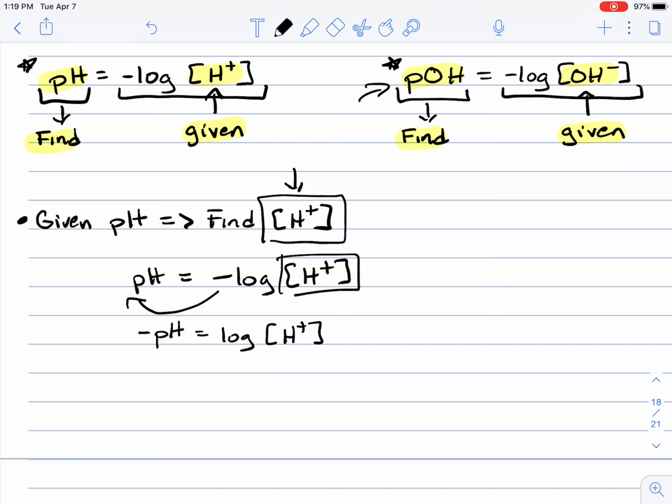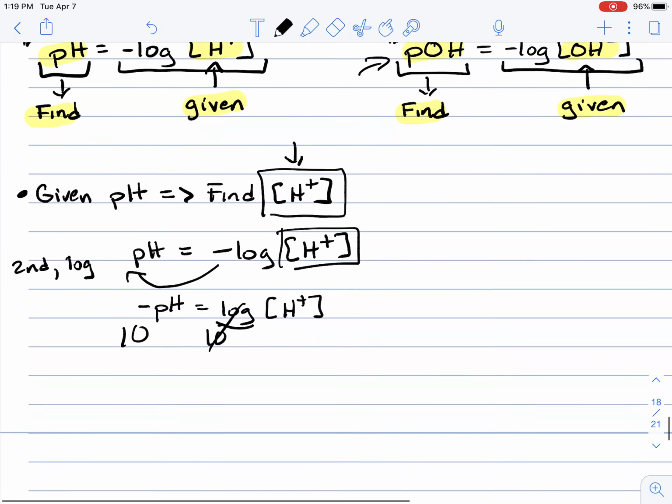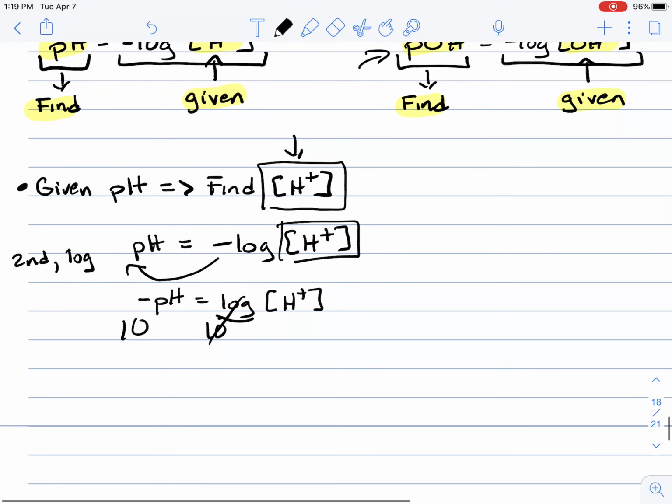To get rid of this log, we have to perform the antilog. On your calculator, you should type in second and then log to bring up that function. If I simplify my work, I get 10 to the negative pH is equal to the concentration of hydrogen ion.